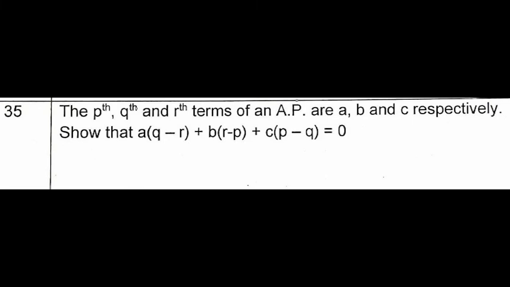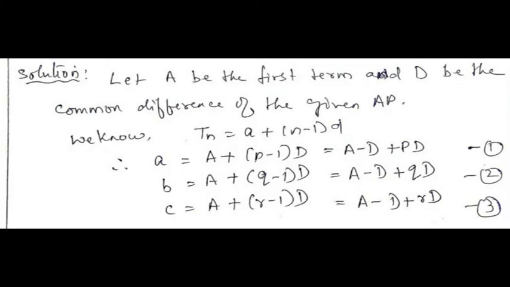Question 35. The pth, qth and rth terms of an AP are A, B and C respectively. Show that A bracket Q minus R plus B bracket R minus P plus C bracket P minus Q is equal to 0. We know that nth term Tn is given by A plus n minus 1 into D. Substitute the values.